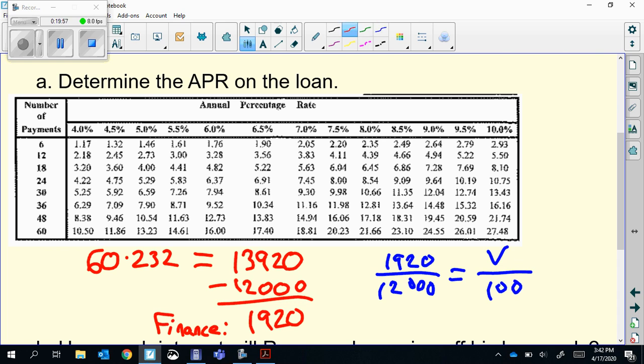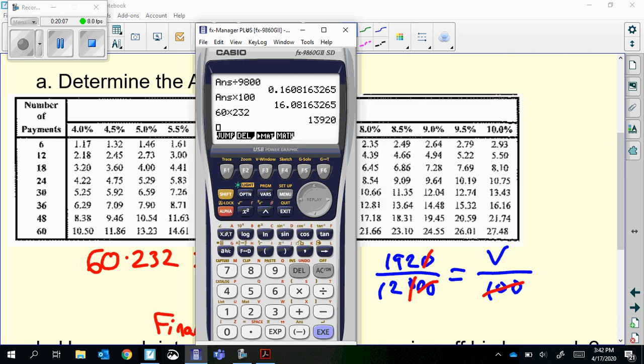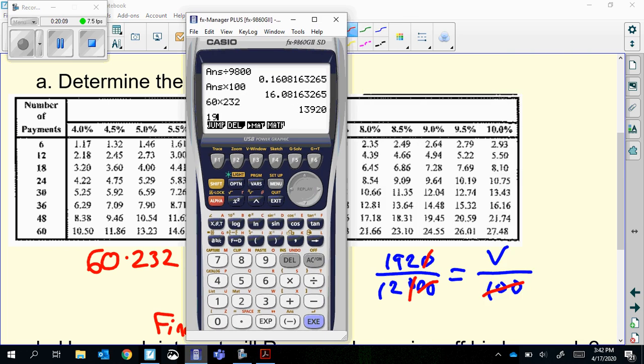So we're going to multiply by the 100, which cancels out 2 zeros there. This 0 cancels out that 0 also, saving some button presses. 192 over 12. So our table value is 16.